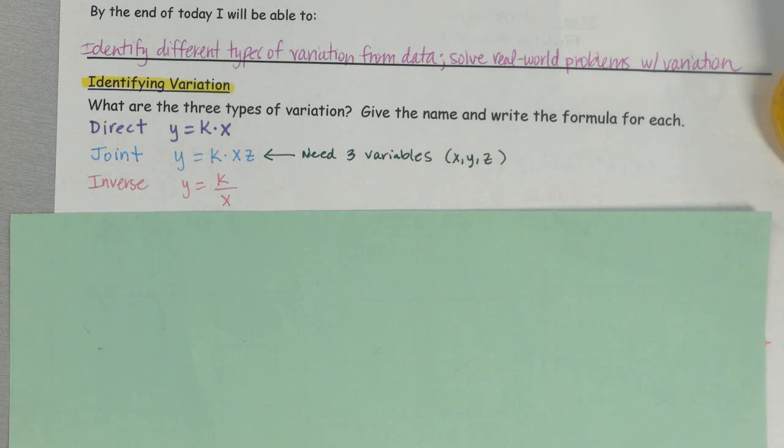All right, and then for our first example, we're going to talk about how you can decide if a table shows direct variation and inverse variation, because the example asks us to determine if it's direct, inverse, or neither.